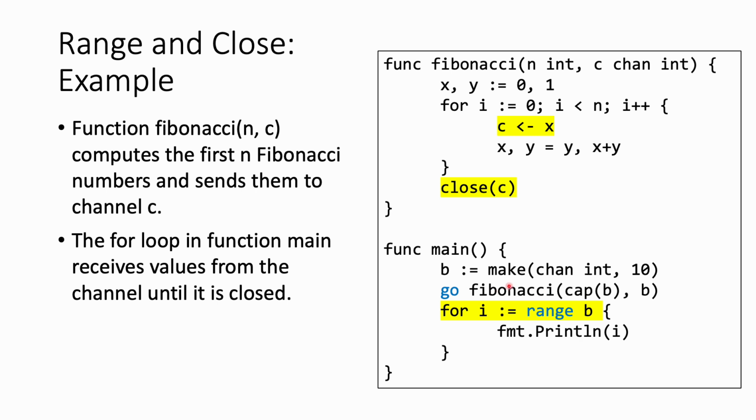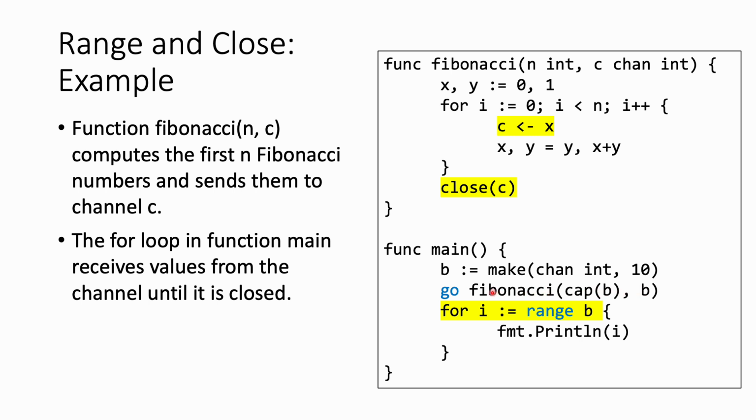In the main function, first we create a buffered channel b with capacity 10. Then we call function fibonacci passing the capacity of b and channel b as arguments. This will compute 10 Fibonacci numbers and send all of them to channel b.